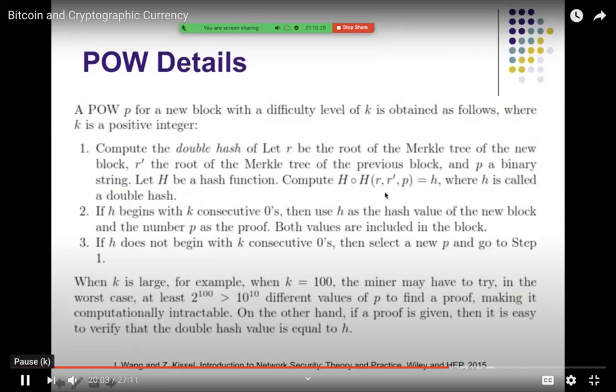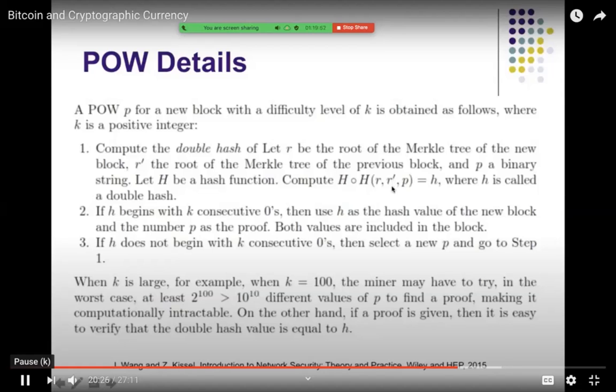What you need to do is find a collection of transactions. You form a Merkle tree, that's R. You get the hash value of the root of the Merkle tree. And then you look at an existing block, that's R prime.